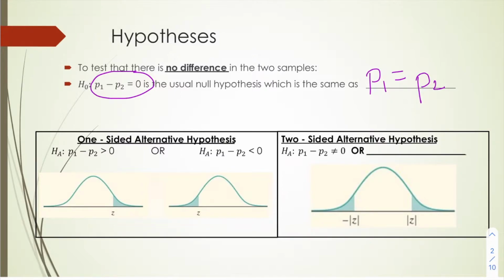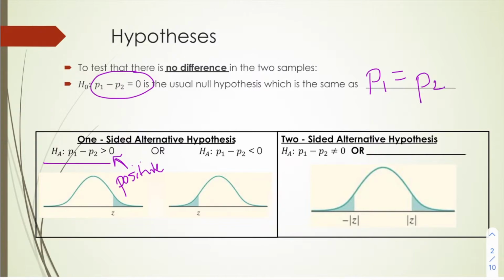You have three possibilities. The possibilities for one-sided is that P1 minus P2 is greater than 0. Notice that means positive integers. So if that is our HA, then we're expecting P1 to actually be bigger than P2. When I subtract them, I would get a positive integer.